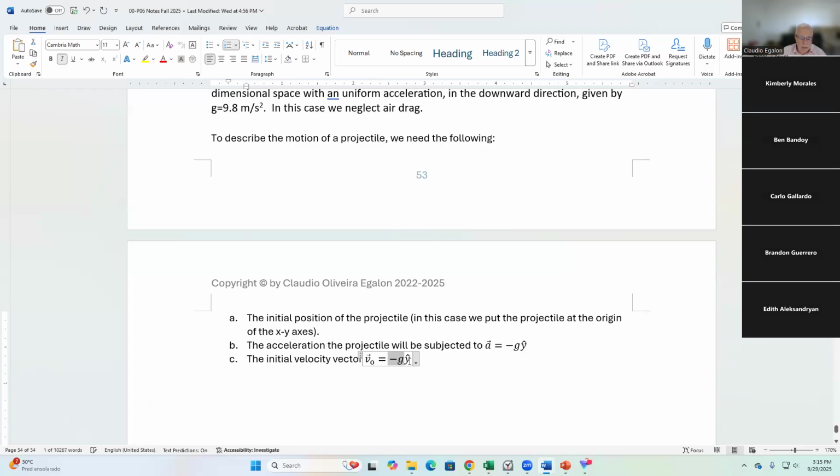Which is going to be V naught along the x direction. Let's not forget to put a hat. V naught along the y direction.